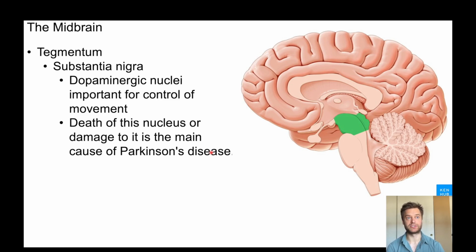Is Parkinson's disease caused by the death of the nucleus, or is Parkinson's disease the death of the nucleus, right? But the important part here is that the dopaminergic release from the substantia nigra to certain movement pathways, like the striatum, is how you have fine motor control over your body.